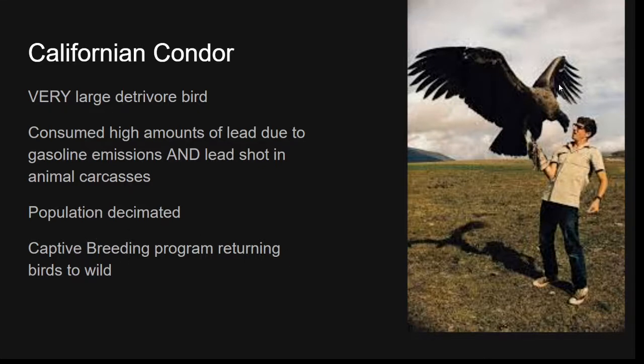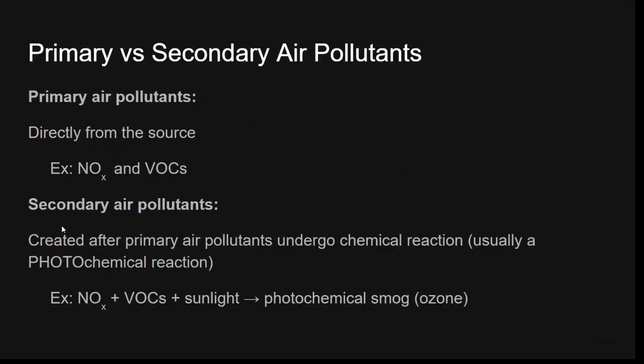We took in the remaining individuals that we could find, we bred them in captivity, and then we trained the babies up and released them back in the wild. And it's been a relatively successful program, but it's one of the first to use that captive breeding. So anytime you think of lead, I want you to think of the California condor and the captive breeding program.